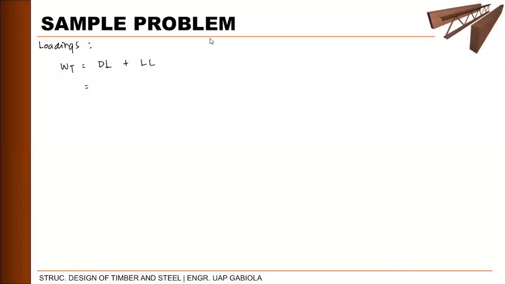So let's indicate that here. Yung values natin are again 500 plus 250 plus 480 Pascal para dun sa dead load, and we have 2,000 Pascal para dun sa live load, for a total unit pressure of 500 plus 250 plus 480 plus 2,000.